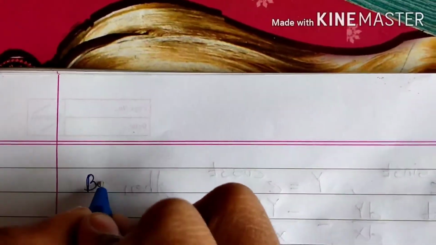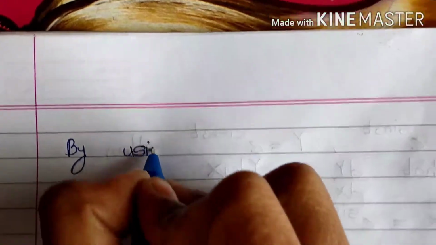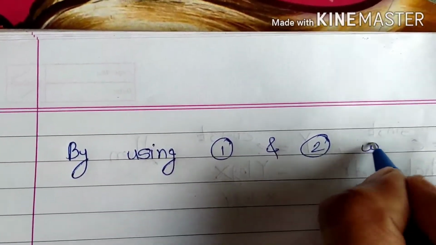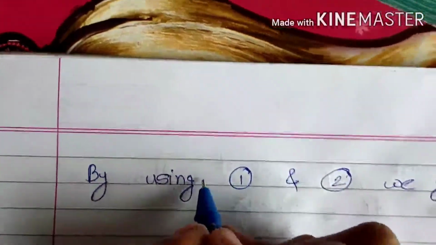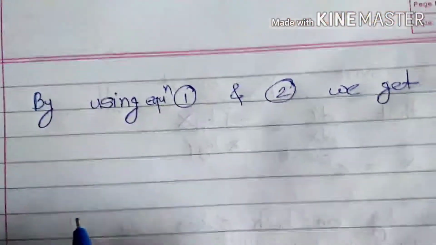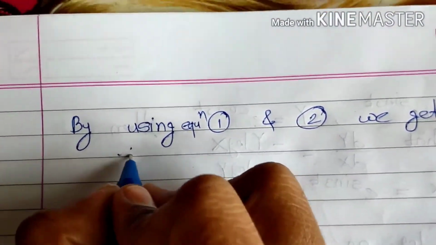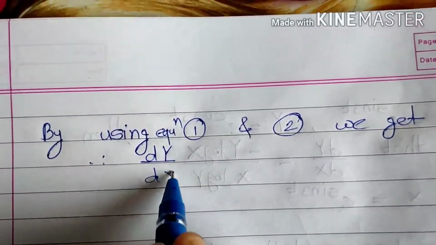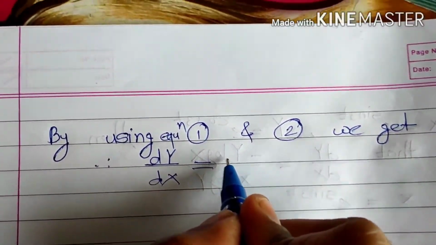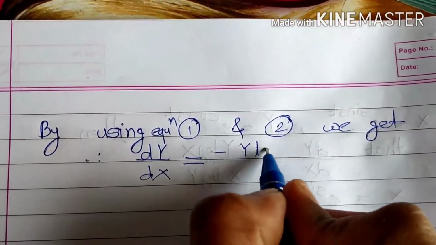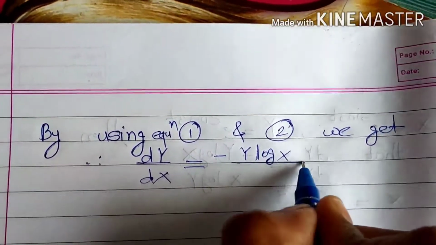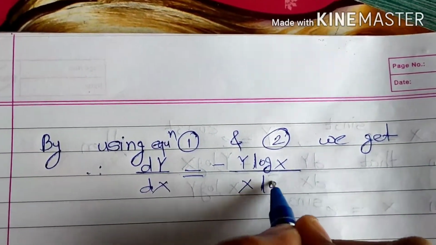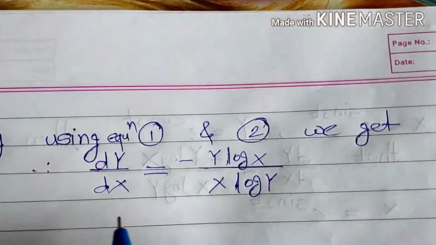By using first and second, we get, you can write here the equation. Therefore dy upon dx is equal to minus y log x upon x log y. Hence proved.